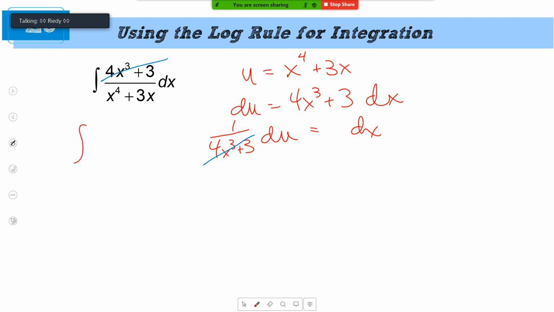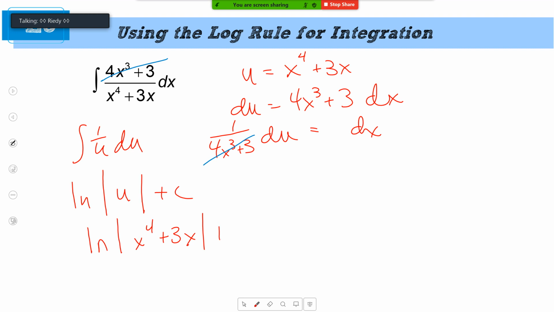This becomes the integral of 1 over u du, which is the natural log of the absolute value of u plus c, which is the natural log of the absolute value of x to the 4th plus 3x plus c.